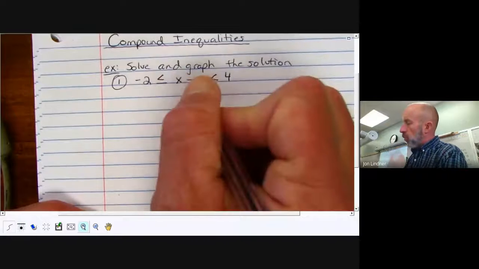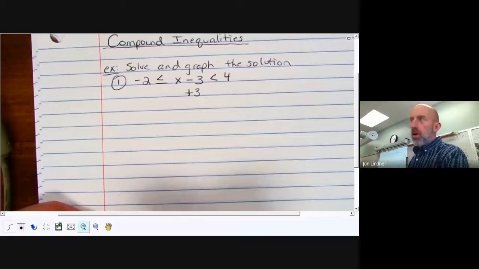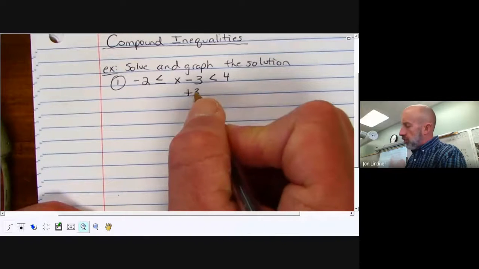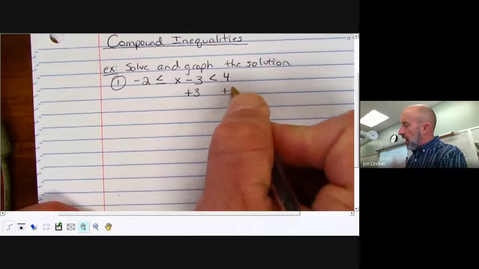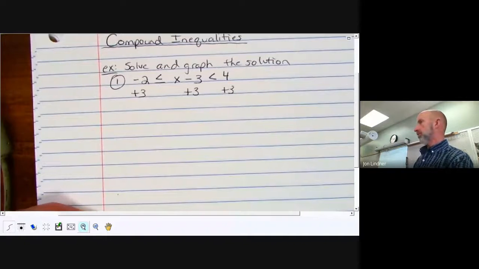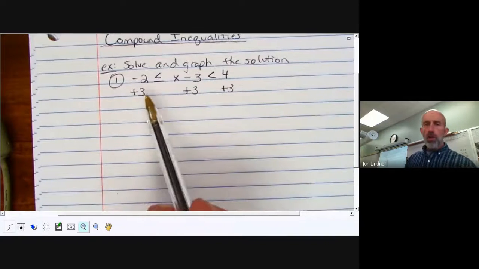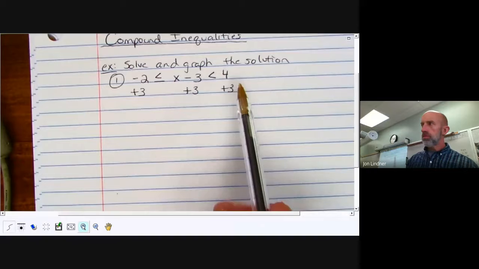So watch. I still add 3 just like before, but I don't add it just there. I add it to the 4 and to the -2. So we add it in all 3 places.